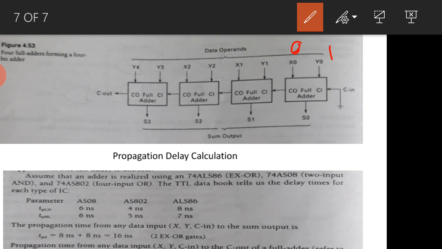C in, as I told, let us consider grounded, so it is 0. So 0 plus 1 plus 0. What is the sum here? Sum is 1, carry is 0. This output carry is connected as input for the next full adder. In the next full adder, what bits do we need to consider?